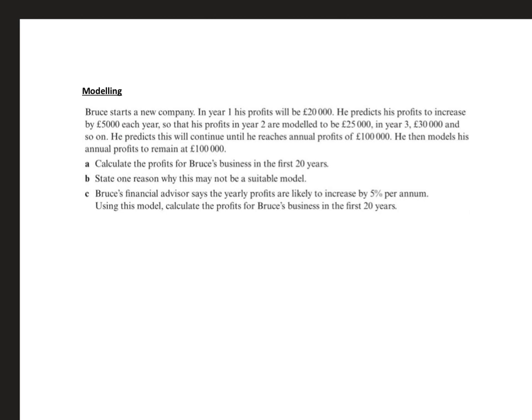Okay, and last page, this is when we can use sequences for modeling scenarios. So Bruce starts a new company. In year 1, his profits will be £20,000. He predicts his profits to increase by £5,000 each year, so that his profits in year 2 we model as 25,000, year 3 will be 30,000, and so on.